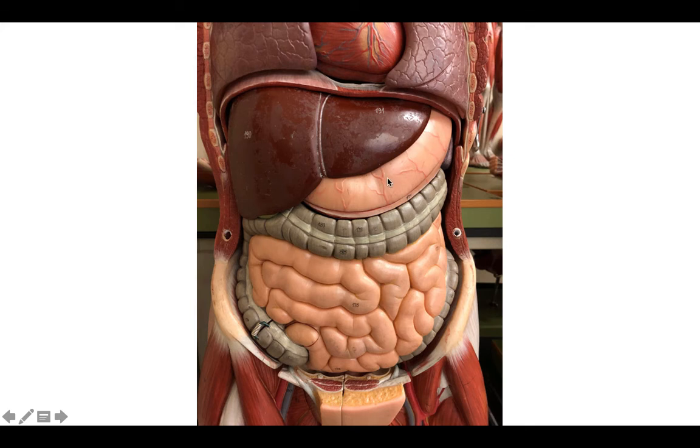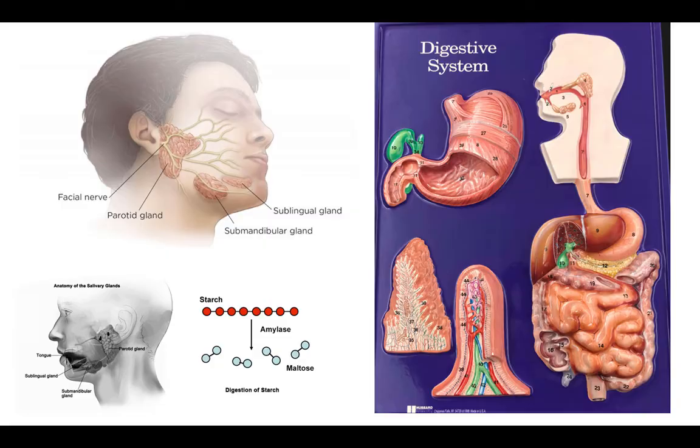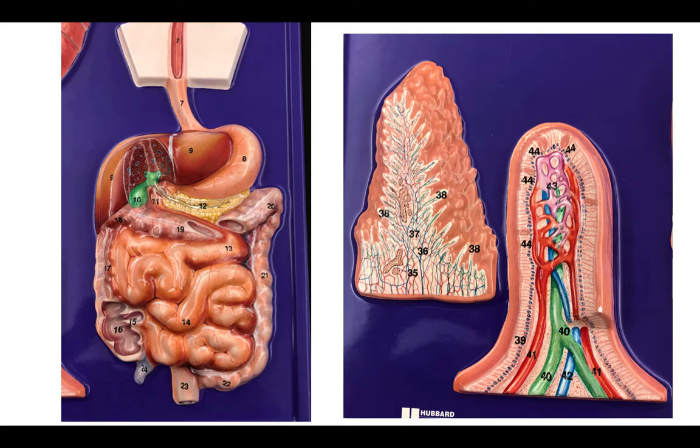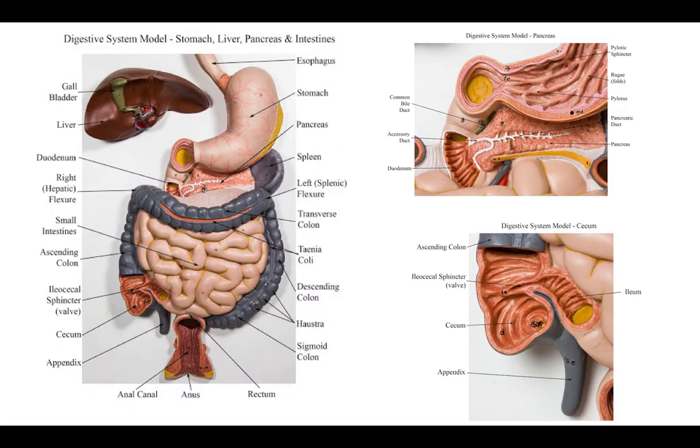This is important to know because, especially if you're a paramedic out there and you have a stab wound to the left upper quadrant, you have to consider the possibility that the wound may penetrate the stomach and you may be leaking stomach acid and stomach fluid into the abdominal cavity, which can obviously be a serious emergency. So again, important things to know in terms of placement of the organs.